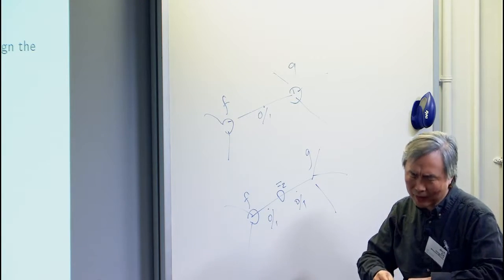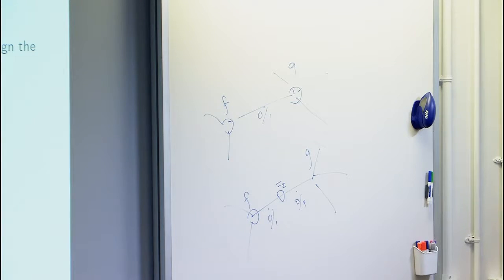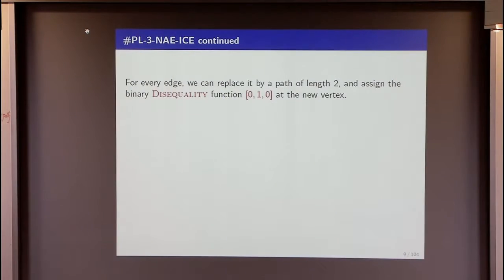Okay, so this is just a sleight of hand. It's a trivial gadget, right? I'll write down a path of length 2. Another way, if you think graph theoretically, this is the edge-vertex incidence graph. Okay, so it becomes a bipartite graph.